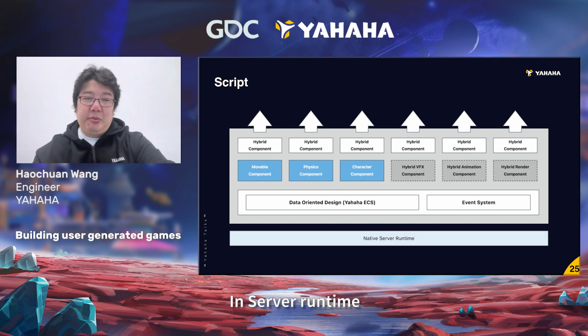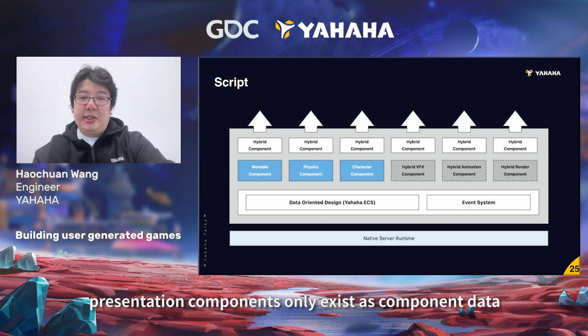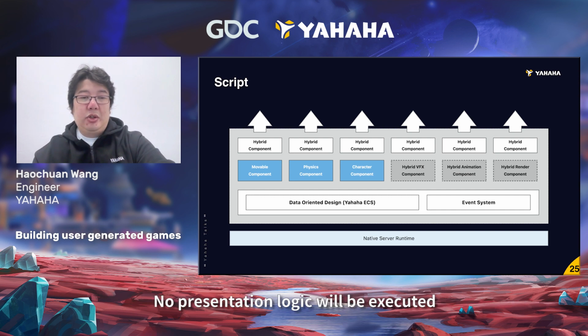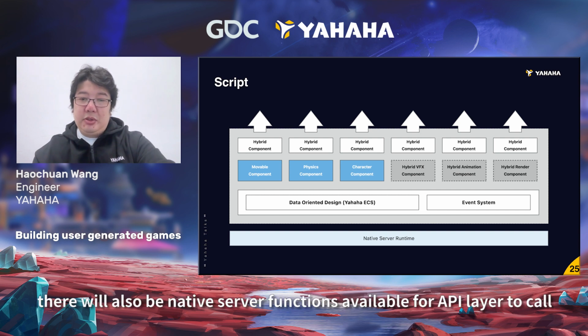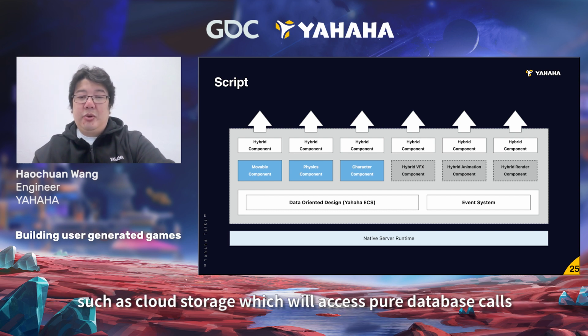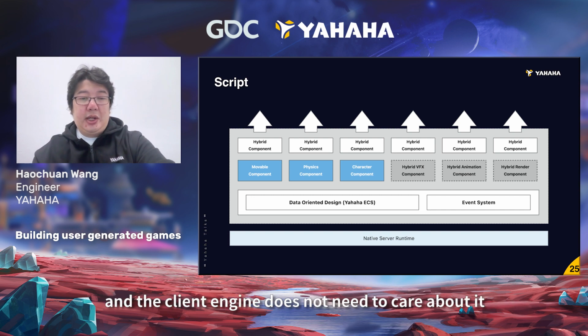In server runtime, presentation components are only accessed as component data. No presentation logic will be executed. In addition, during the server runtime, there will also be native server functions available for the API layer to call, such as cloud storage, which will access pure database calls, and the client engine doesn't need to care about it.